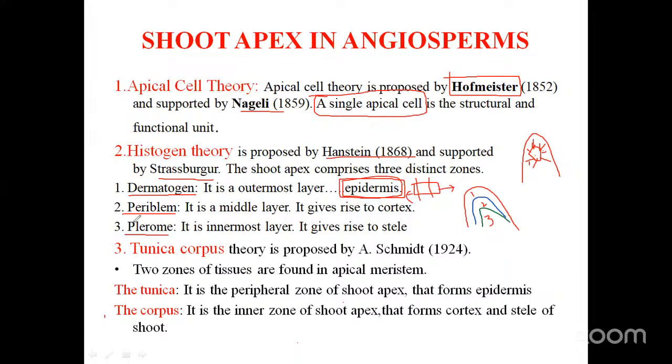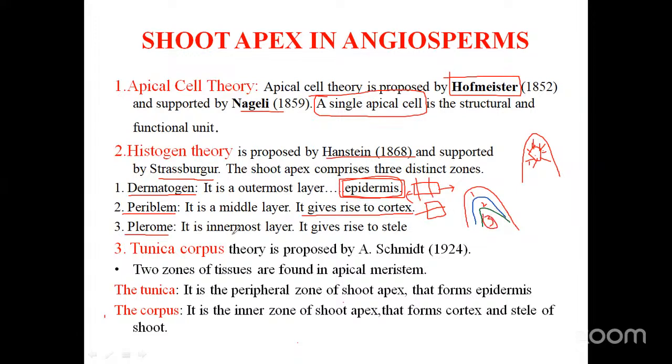Next one, periblem. It is the middle layer, and it gives mainly the cortex, already told you, by anticlinal division like this. This is the cell. Plerome, the last, third one.